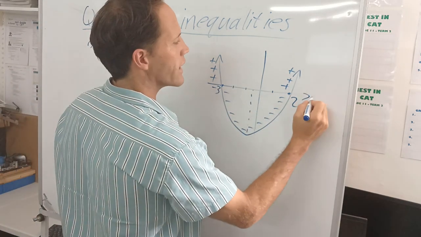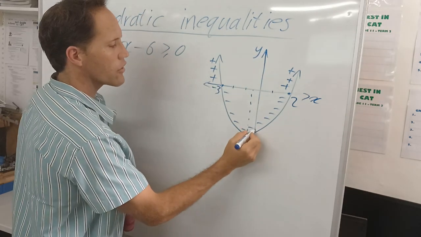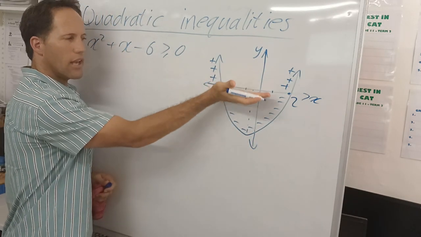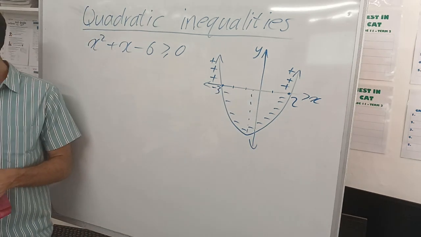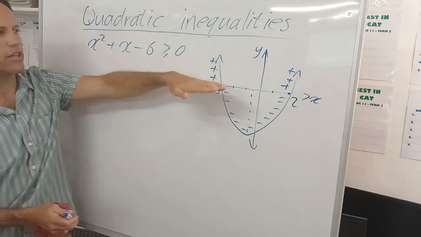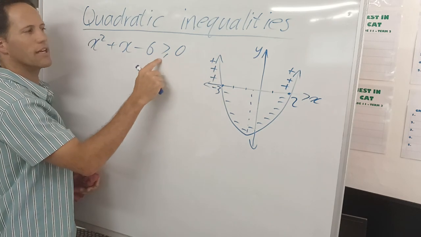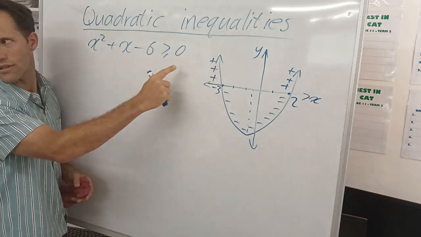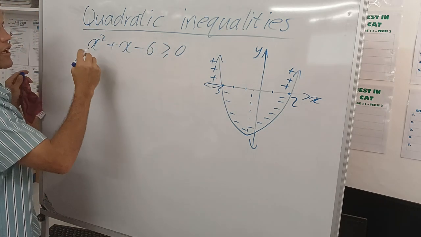Here's your x-axis, here's your y-axis. If the graph is below the x-axis, it means the graph is smaller or equal to 0. It's negative. When the graph is above the x-axis, we say the graph is bigger or equal to 0. It's positive.